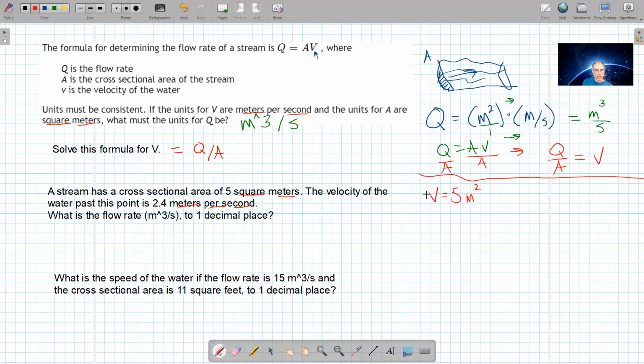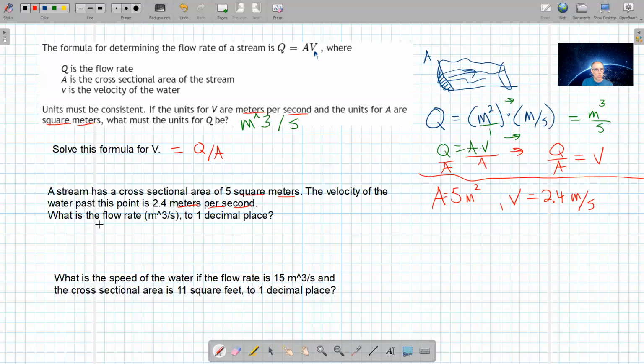So, oops, I labeled that wrong, didn't I? That right there should be my A. Second number is my V. So A, the area, is 5 meters squared, and the velocity in this situation is 2.4 meters per second.